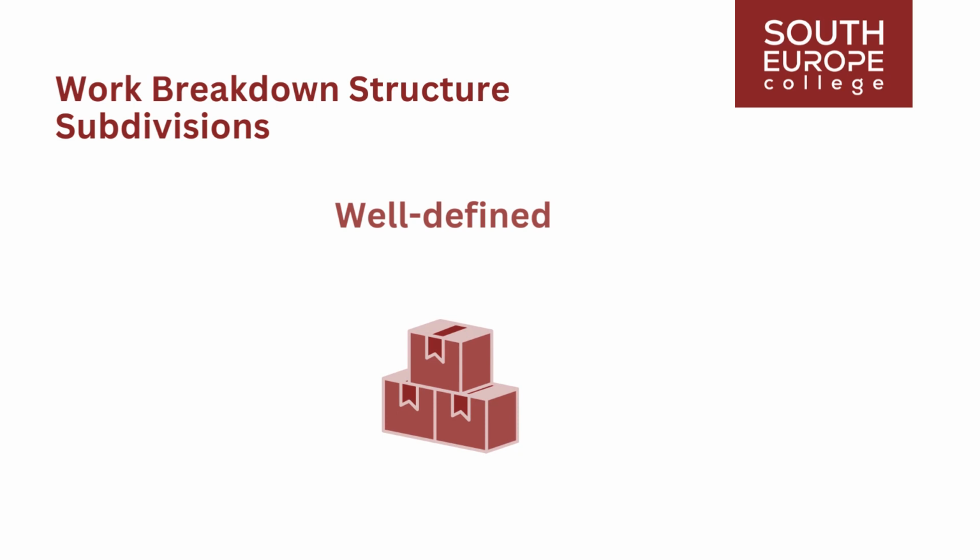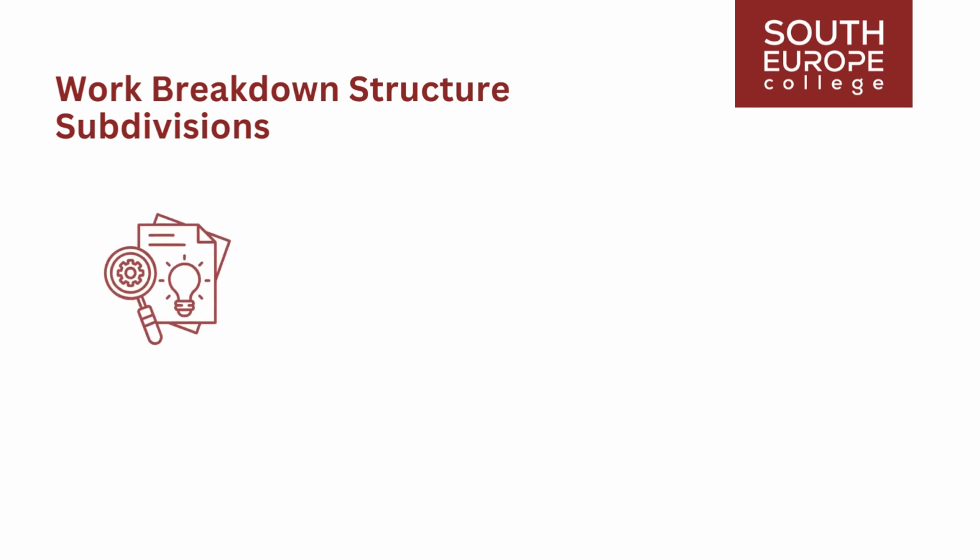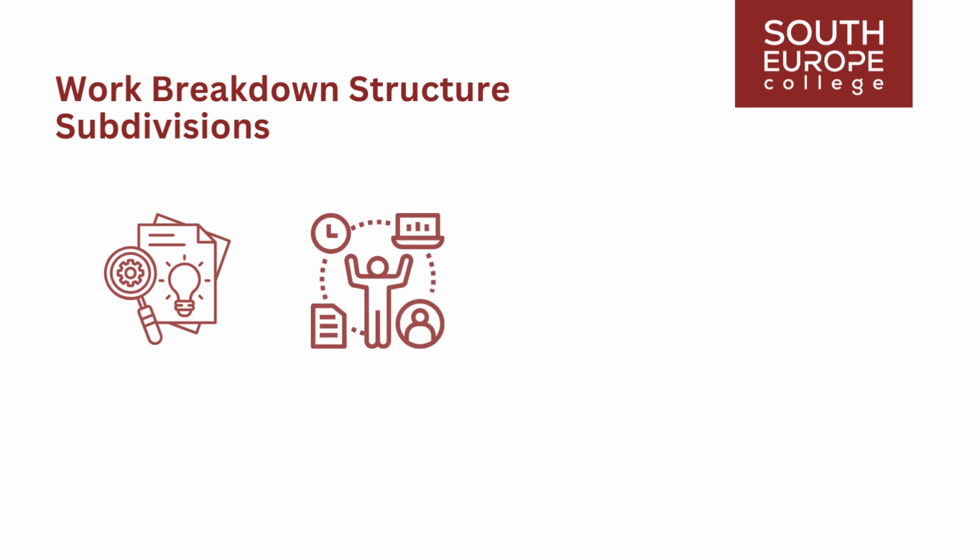For a subdivision to be considered well-defined, it should encompass the following attributes. Clear, comprehensive scope. The work task should be defined well enough for the responsible parties to precisely understand what is required. Resource requirements. Identification of the labor, skills, equipment, facilities, and materials necessary for the task. Time.